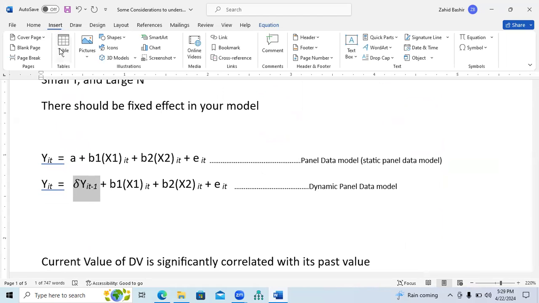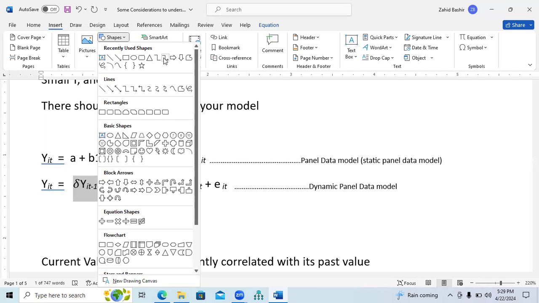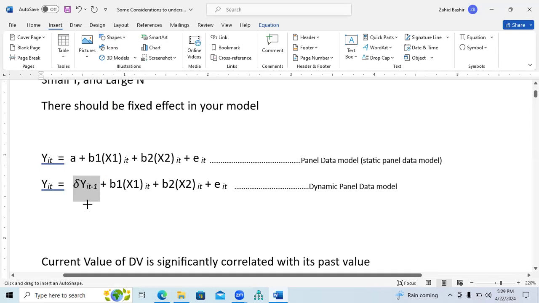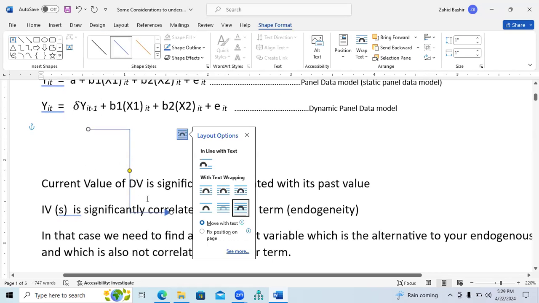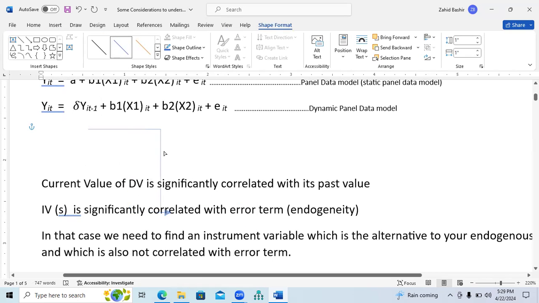So if I would like to show you here the shapes, and this one would be basically required. Let me connect from here.